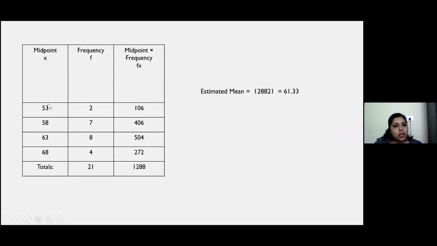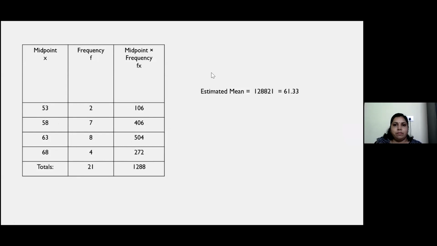This is converted to an x value, and the f value is multiplied. What is the answer of that? 53 into 2 is 106, 58 into 7 is 406, 63 into 8 is 504, 68 into 4 is 272.